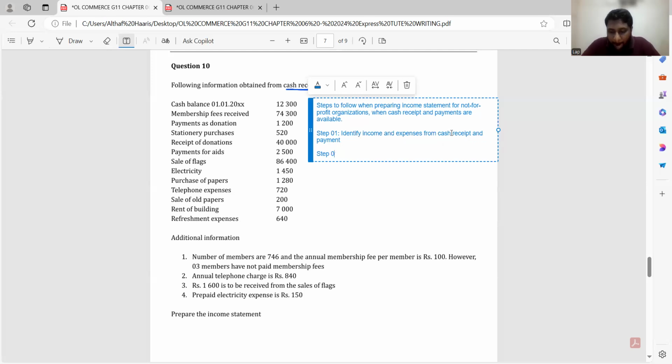Step 2. Do the adjustments given in the additional information.